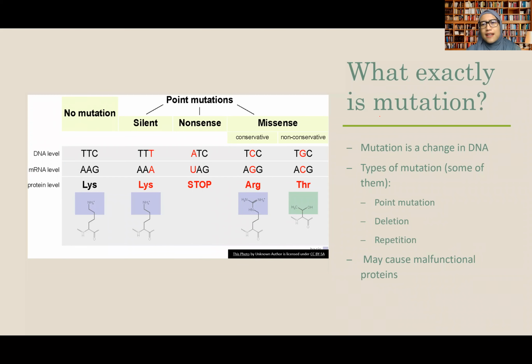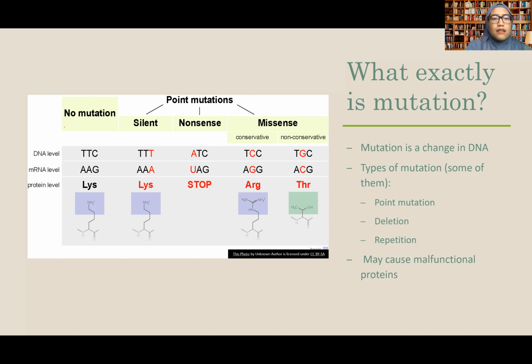So what exactly is mutation? People say a lot about it, I know, but actually people don't really know what exactly happens. Mutation is a change in DNA. There are a few types of mutation, but here I just point out a few: point mutation, deletion, and also repetition, and it may cause malfunctioning proteins.